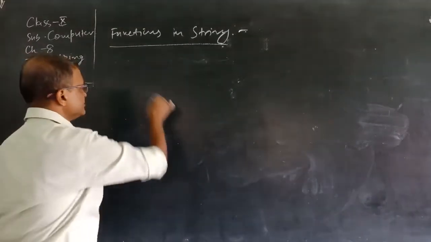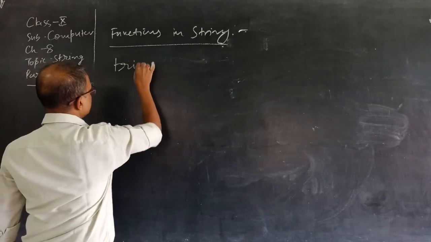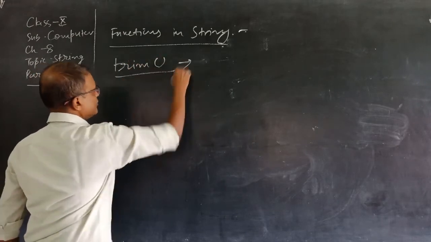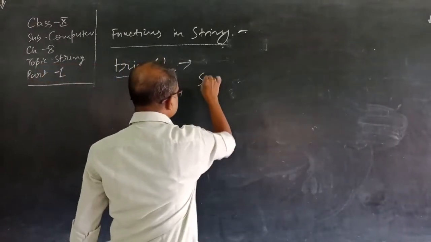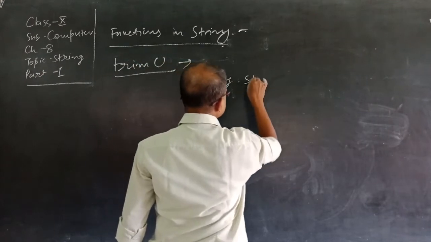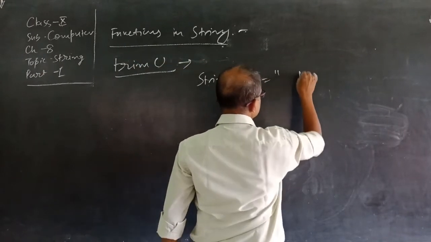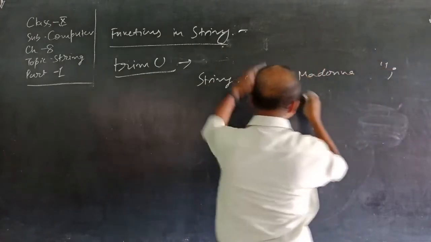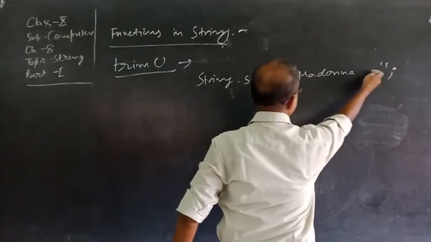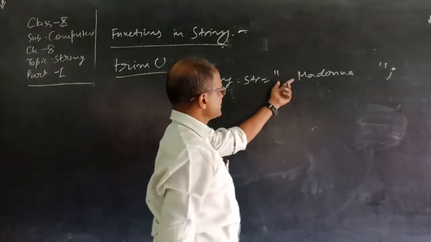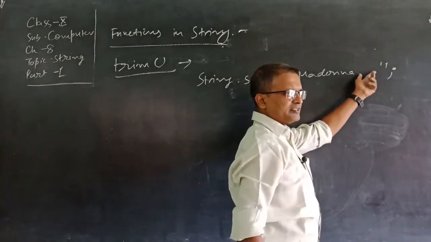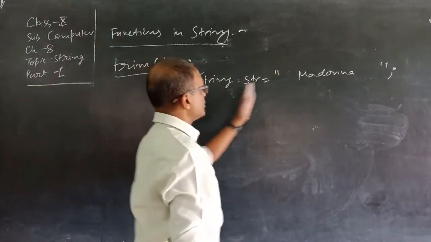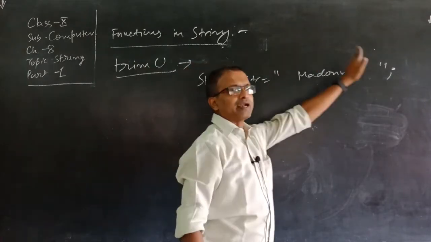Now the next function is trim. What is this function? Suppose we have a string str equal to Madonna. Here the spaces are given in the beginning and at the end of this string. So this trim function is used to remove all the spaces before and after the string.